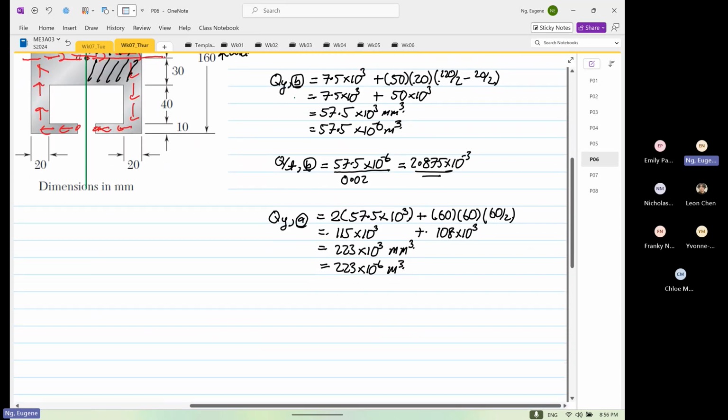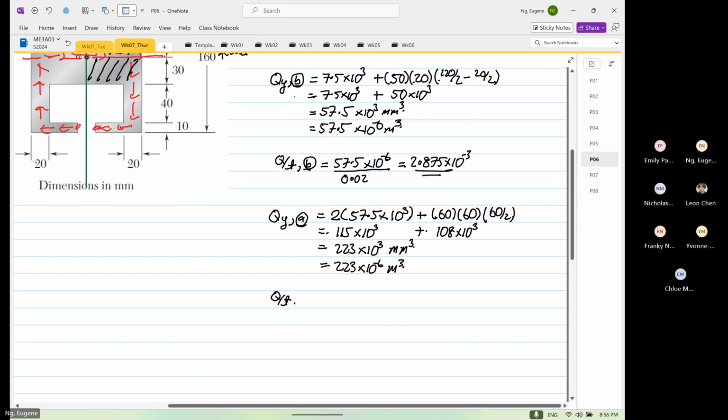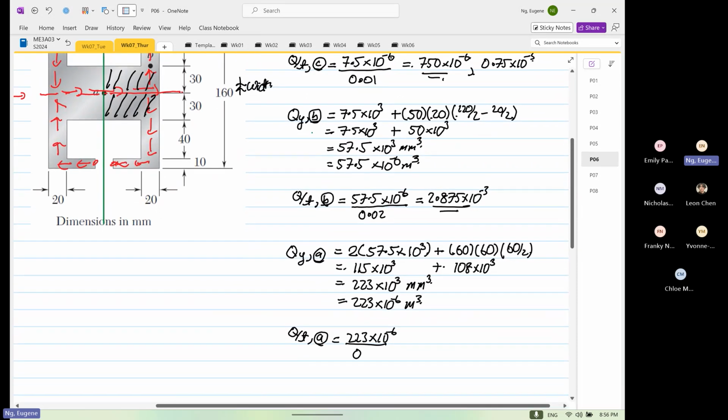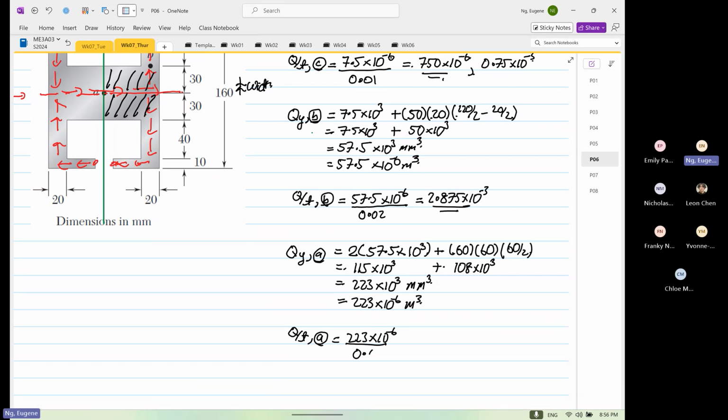So therefore the Q over T at point A now is 223 times 10 to the power minus 6. Now the width is 0.06. So 223 power minus 6 divided by 0.06 is 3.716 times 10 to the power minus 3.